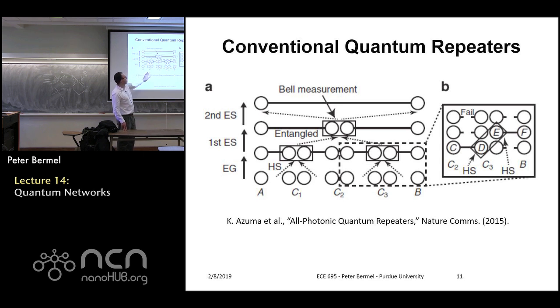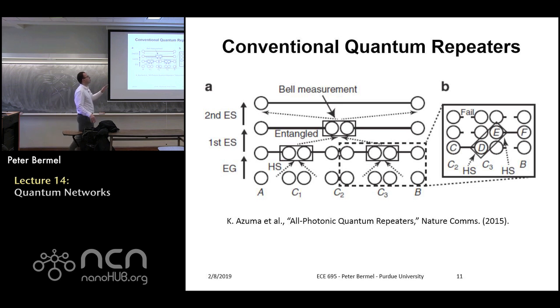Furthermore, you can have cluster states where you have multiple Bell inequality measurements at the same time. So the idea here, in some sense, is you're multiplexing the Bell inequality measurement. So you speed everything up by a factor of n, where n is the number of Bell measurements you can perform at once.